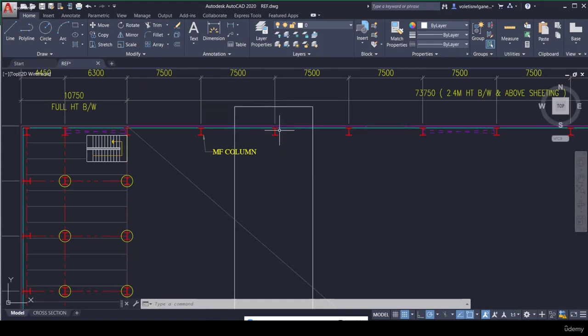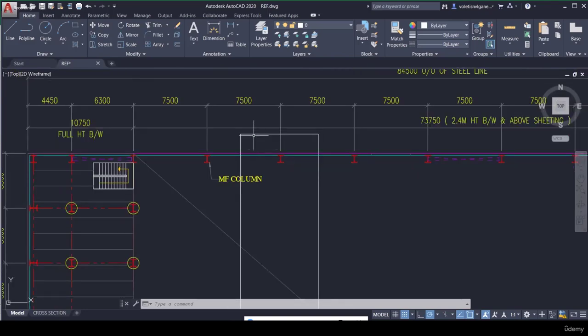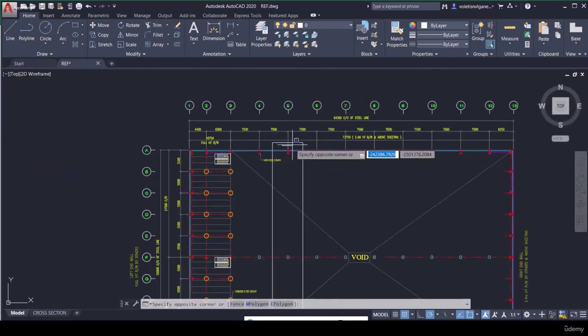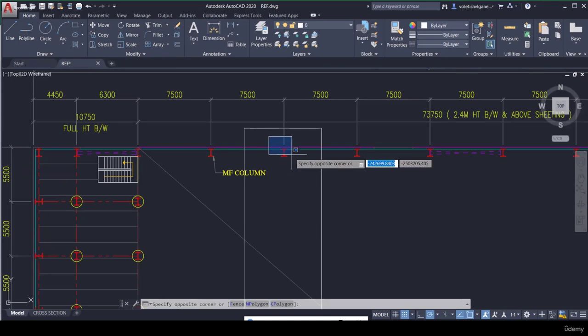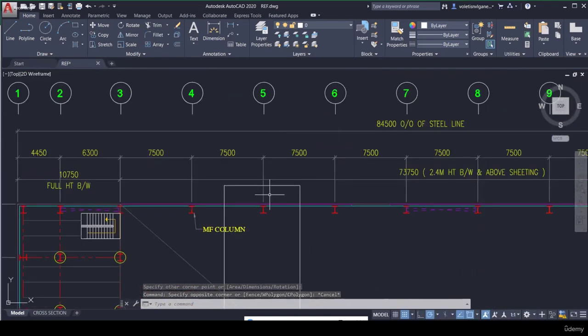This frame takes half of the load from this bay spacing and half of the load from this bay spacing. So basically the load width, or the tributary, of this frame along grid line 5 is 7.5 meters.